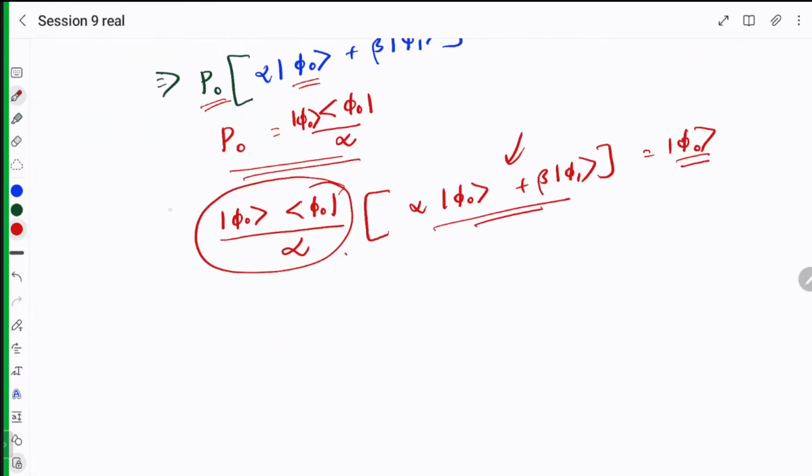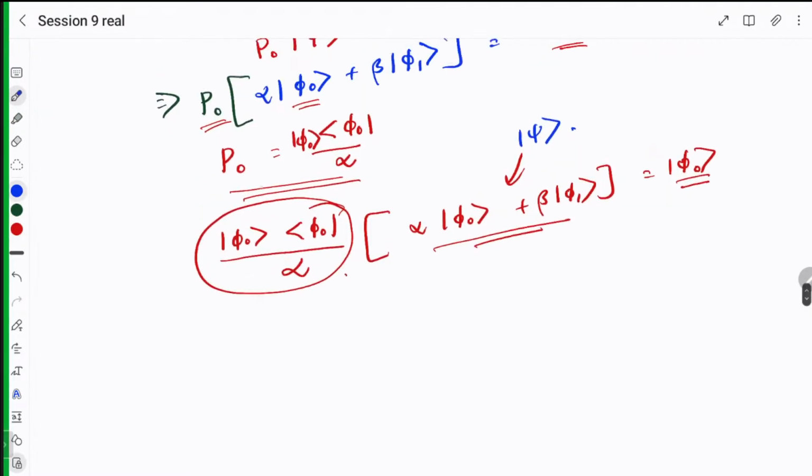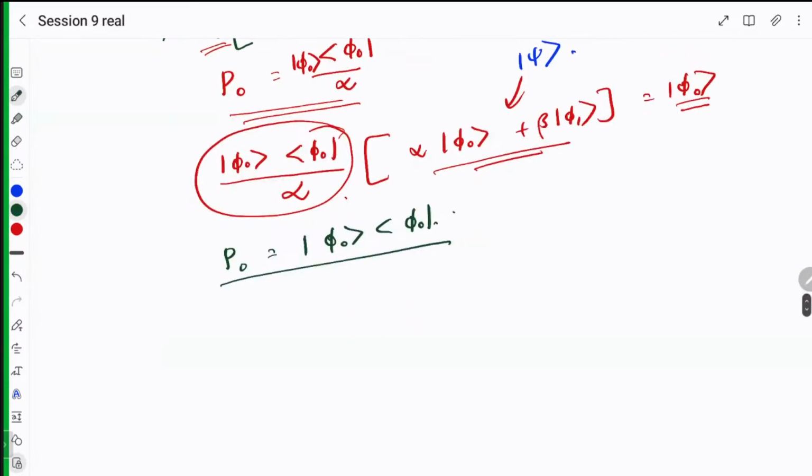So remember, this is my state psi. All right. So it turns out we don't call this entire operator P naught, but instead we just call the part ket phi naught bra phi naught, P naught. Okay. And this is called a projection operator.